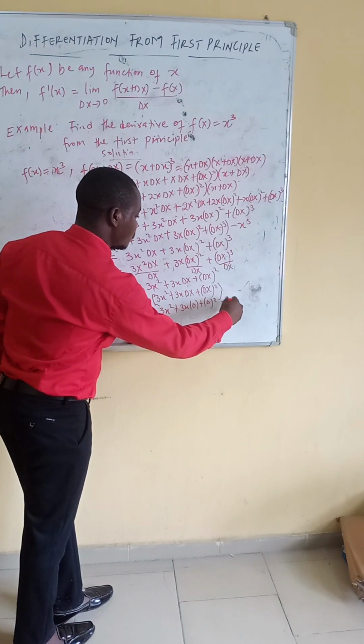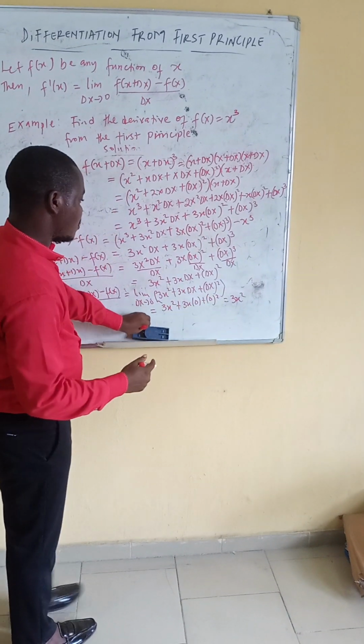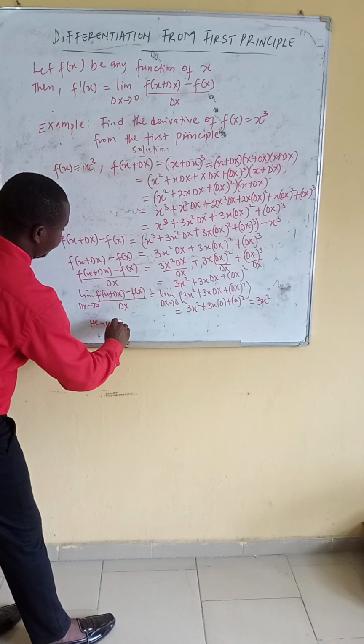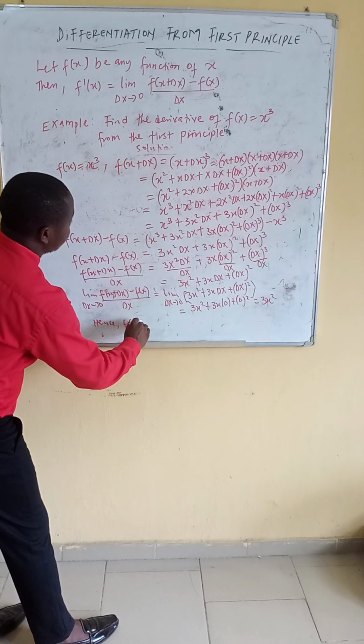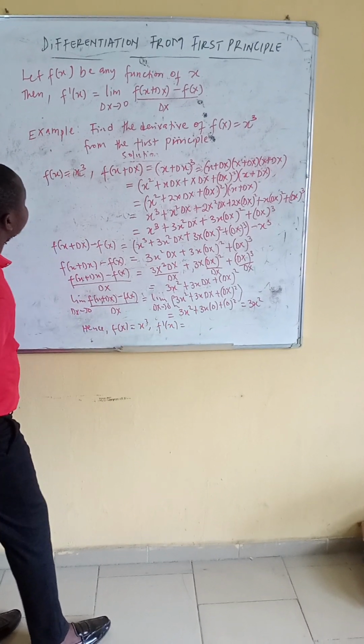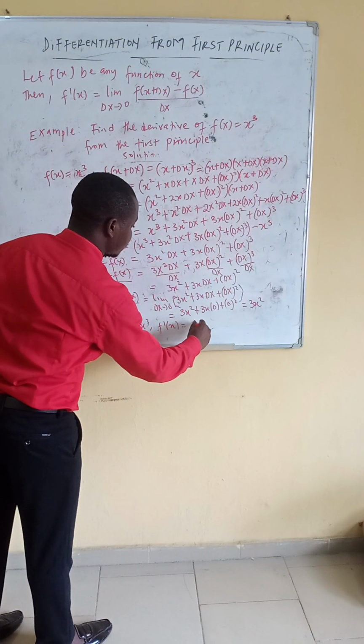That will give us 3x squared. Hence, if f of x equals x cubed, f prime of x is defined as 3x squared.